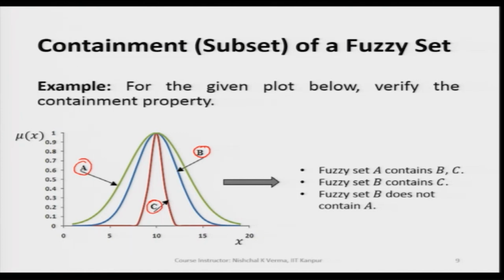So, this way we can say that fuzzy set A contains B and C fuzzy sets.